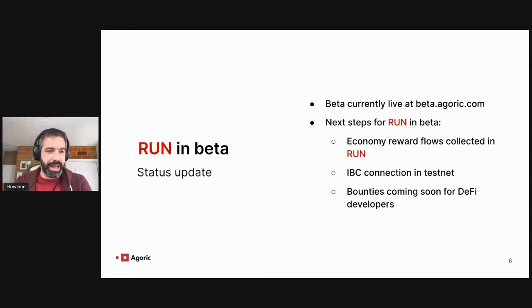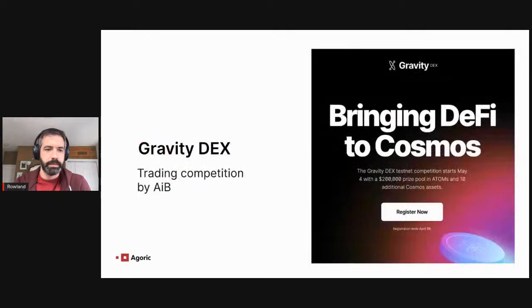All of that will be coming in the next month or so on testnet, and then we'll also be looking to add bounties for DeFi developers that are looking to build on our beta. So a lot of exciting things coming in the beta, but again, that is an easy way to start interacting with the treasury and with Run as a user.